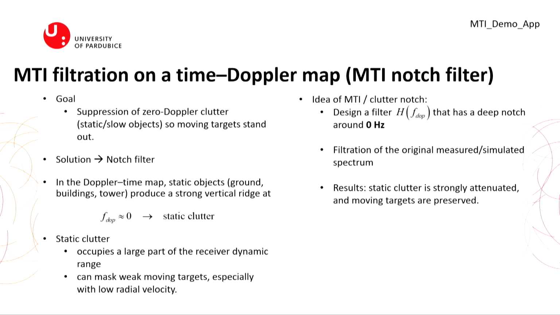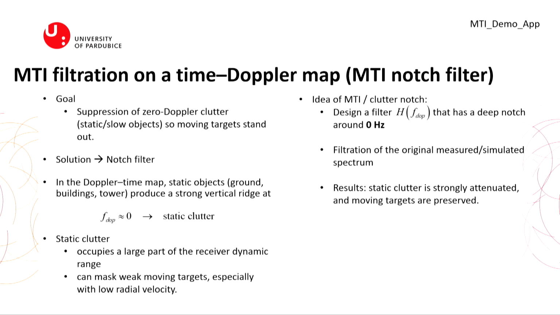So the idea of the MTI filter is to design a filter with a transfer function that has a deep notch around 0 Hz. What does that mean? I will just remove it. For easy imagination, in the frequency domain I take my spectrum and multiply it with this transfer function.